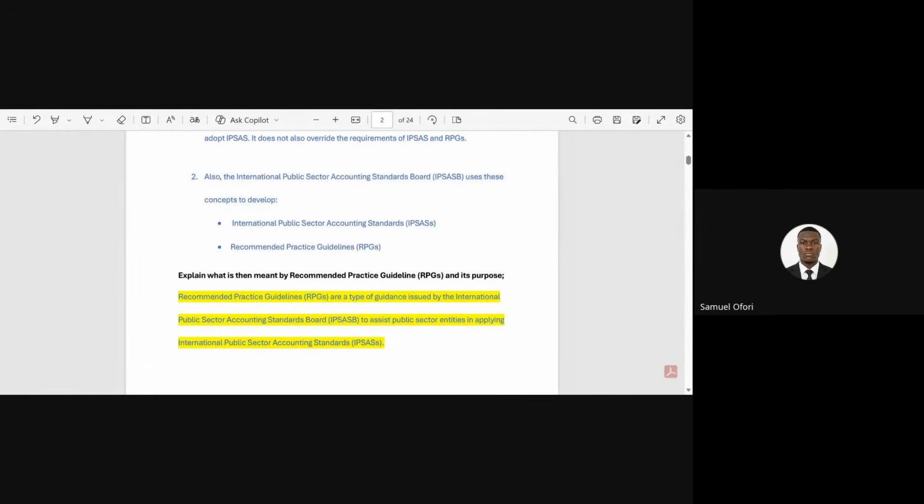So whenever you are preparing a financial statement, these recommended practice guides are in the IPSAS, and they are going to guide you in your preparation of the financial statement. If you take maybe IPSAS 1, IPSAS 2, you know what's there and what you are going to use in the financial statement. So this is guidance issued by the Board to guide you in applying the IPSAS.